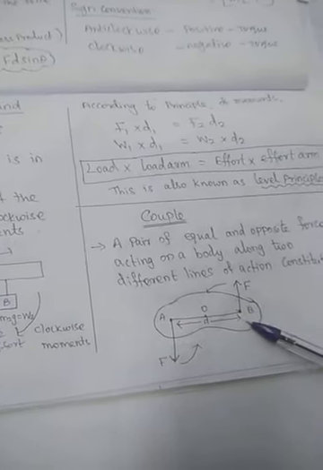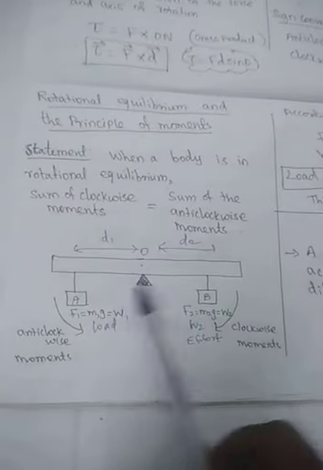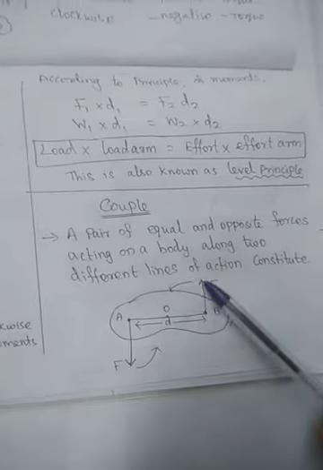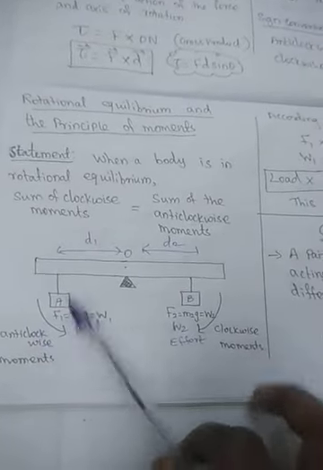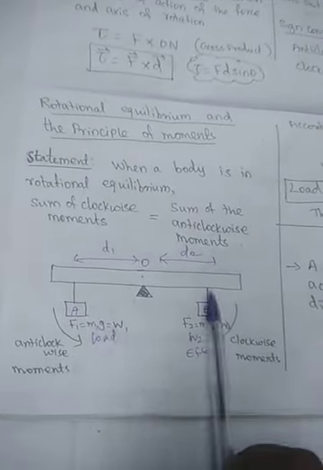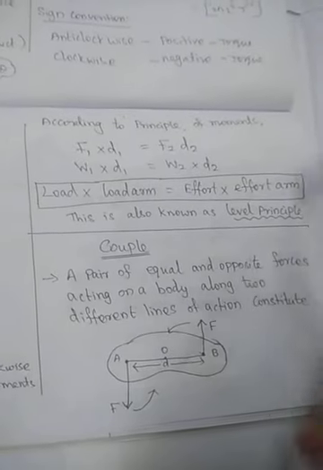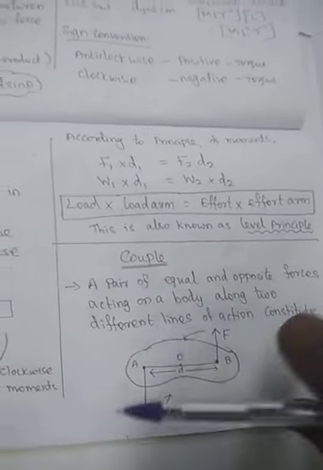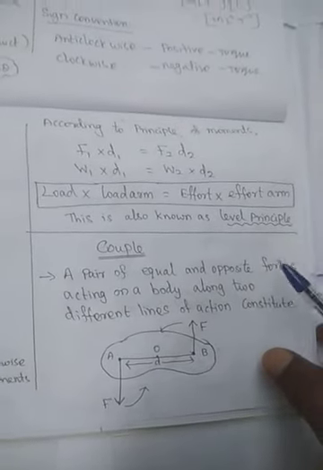If this force comes in the downward direction, it becomes a principle of moments. So don't confuse the couple and the principle of moments. Both moments are force into perpendicular distance, no doubt about that. But the principle of moments is like this, and a couple is like opening a water bottle cap or a water pipe tap. Everything like that is an example of a couple.